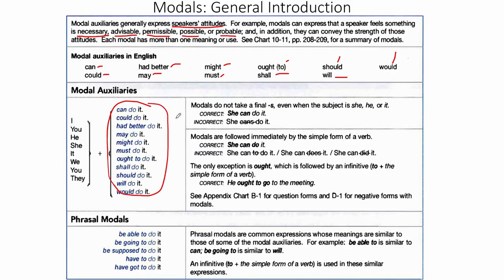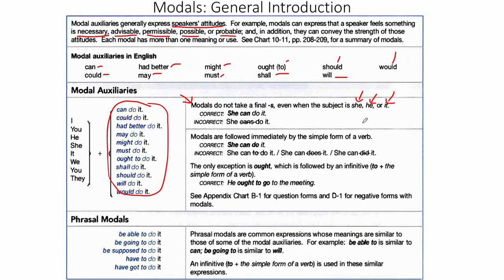Now there are a few things that we have to take into account and remember about the use of modals. These are the following points. First one, modals do not take a final S even when the subject is she, or he, or it, as we have it here.